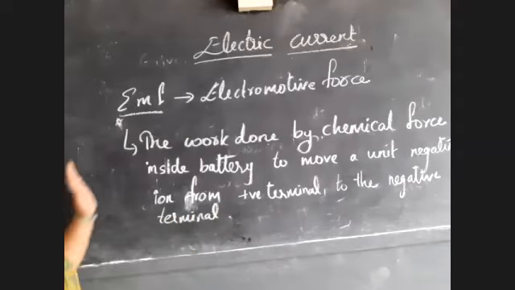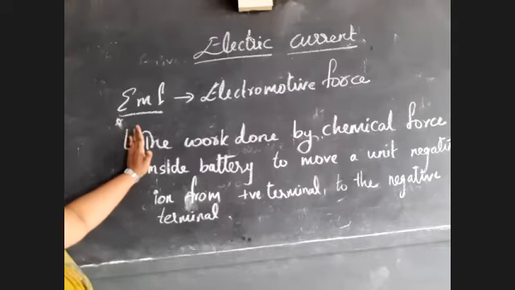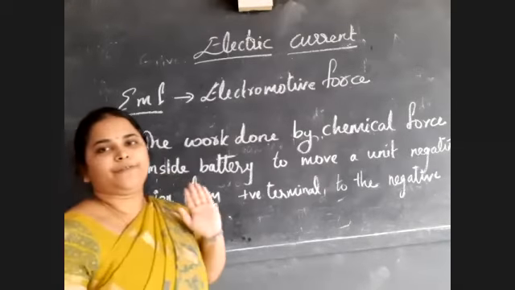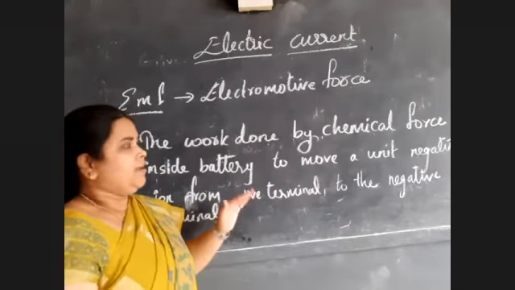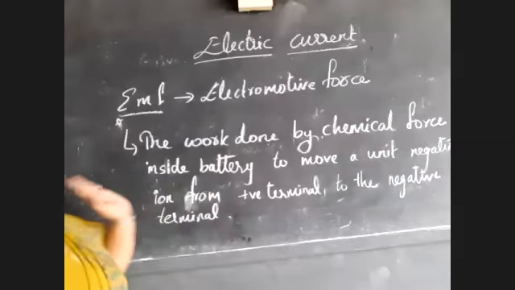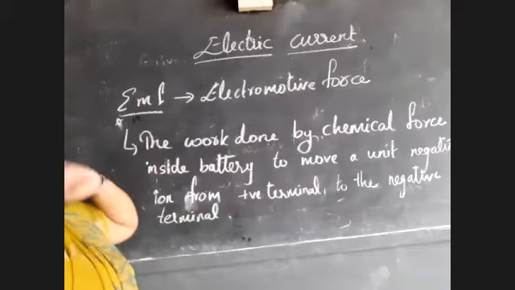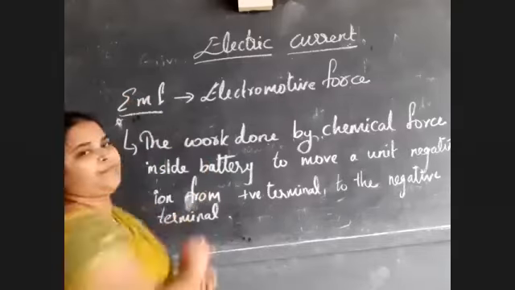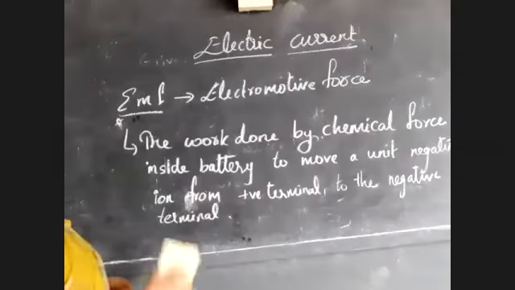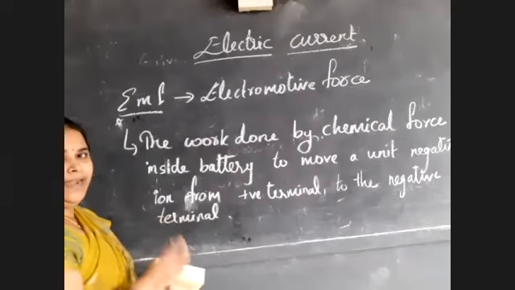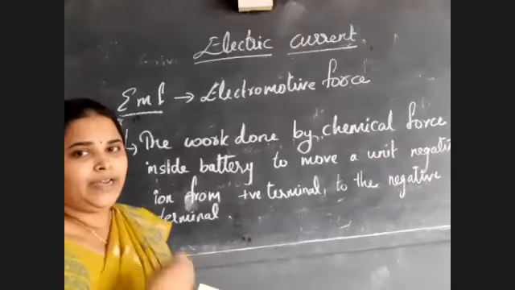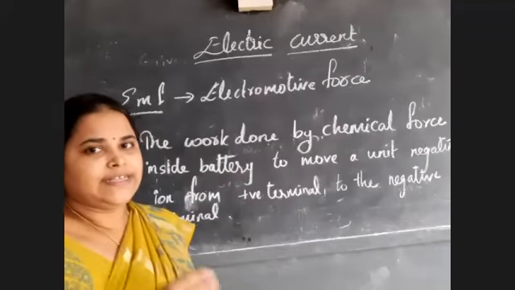So that is EMF. Now you can copy it down. It is represented with EMF or this small e. What kind of force is applied? Chemical force, which we can represent with Fc.